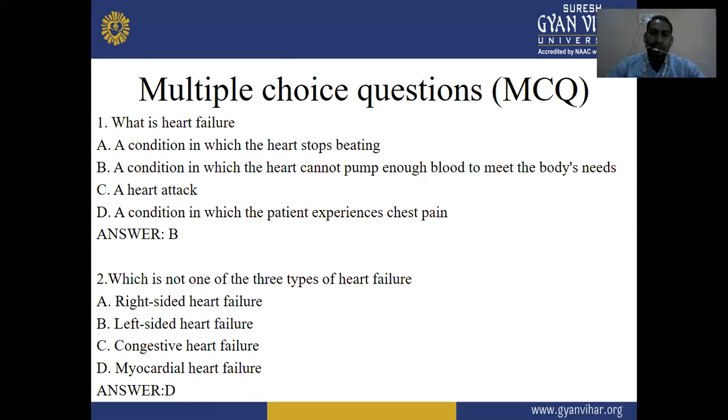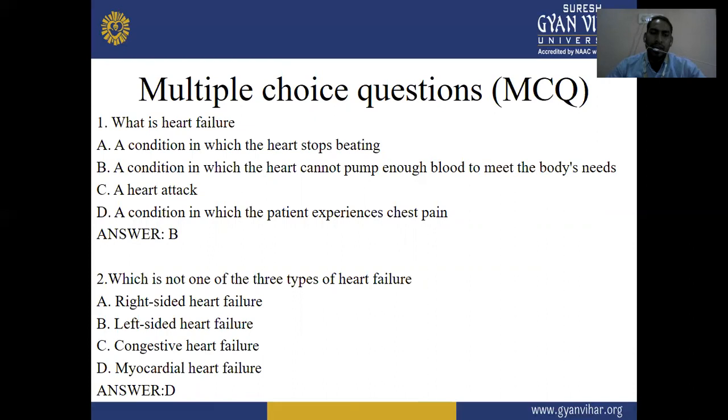Multiple choice questions. What is heart failure? Option A, a condition in which the heart stops beating. Option B, a condition in which the heart cannot pump enough blood to meet the body's needs.